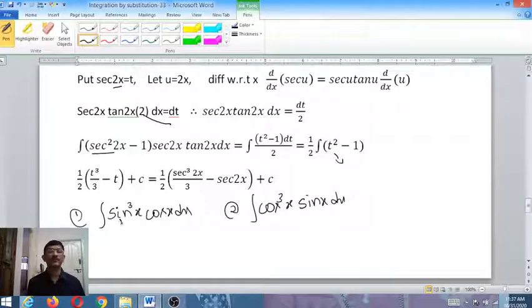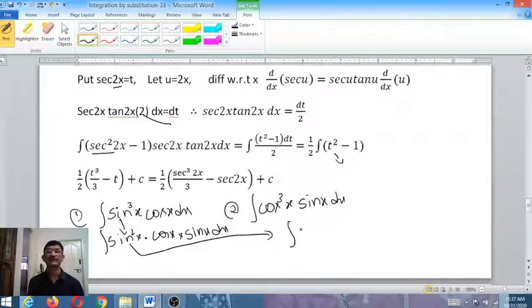Now, if a cube is there in each of these problems, first you write sin square x, one sin x is remaining here, into cos x, and last you write sin x. Next you write this sin square x as 1 minus cos square x, into cos x into sin x dx. Now you give cos x equals t and proceed. You will get the answer.